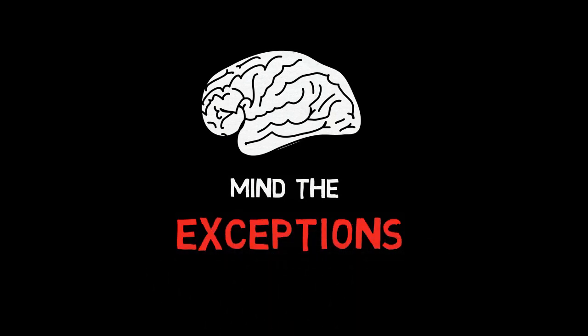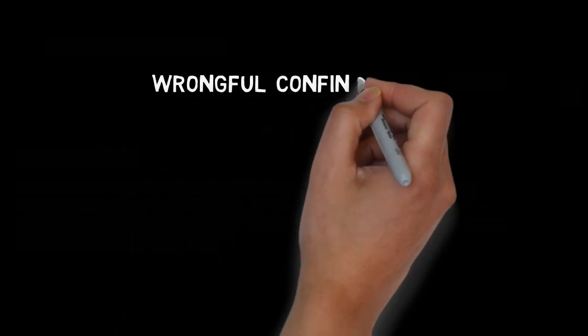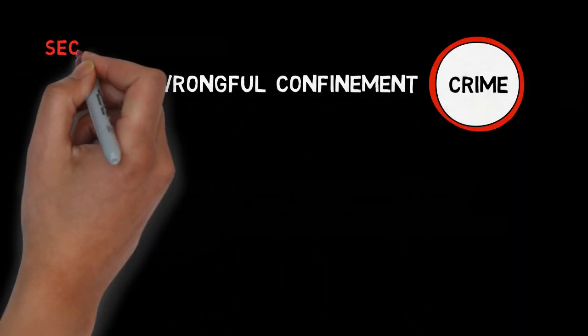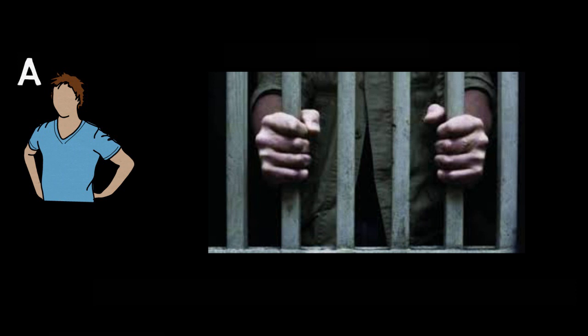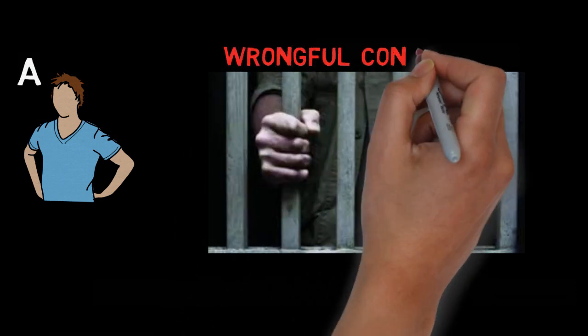Let's understand this with the help of an example. For example, we all know wrongful confinement is a crime according to Section 340 of IPC. Section 340 says, whoever wrongfully restrains any person in such a manner as to prevent that person from proceeding beyond a certain limit is said wrongfully to confine that person. According to Section 340, if A stops B from going anywhere and locks him, it amounts to wrongful confinement.